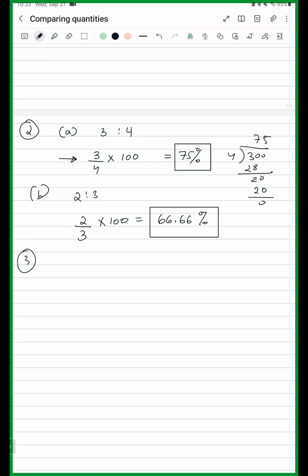All right. 72% of 25 students are interested in mathematics. How many are not interested in mathematics? See, this kind of question can be done in two ways. First way is you see that 72% are interested. Then you find out the percentage of students who are not interested. So the percentage of students who are not interested is going to be 100 minus 72.